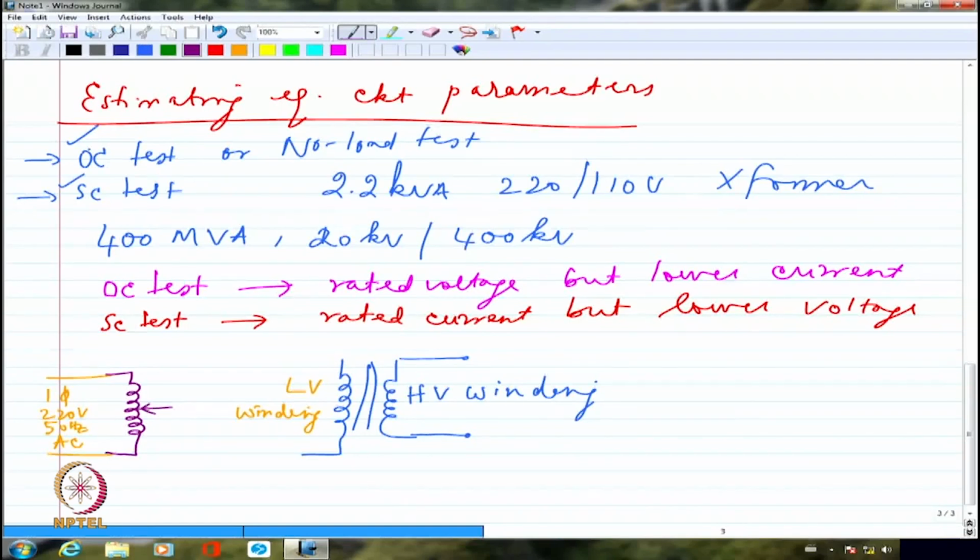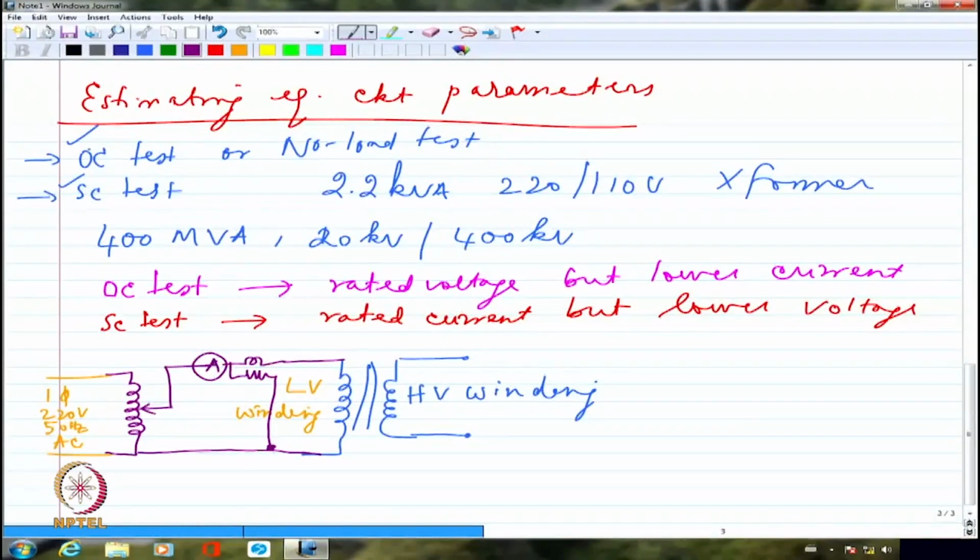Right? So from here, I'm going to apply this voltage to the low voltage winding through an ammeter and through a wattmeter. So this wattmeter is connected in between the primary coil and the input source.